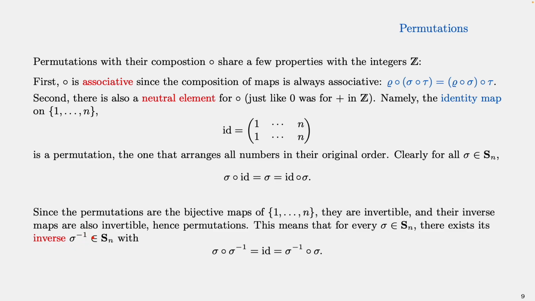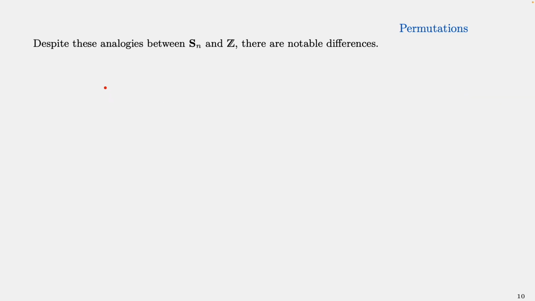So this is just the inverse map in the regular sense of mappings. And of course, sigma combined with its inverse is by definition the identity, and it's the same as combining the inverse with sigma from the left. So these properties make the permutations similar to the integers, but there are also some differences.